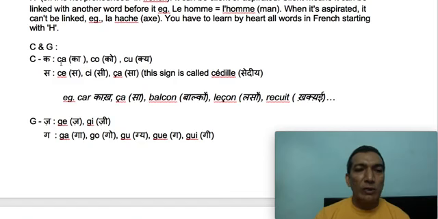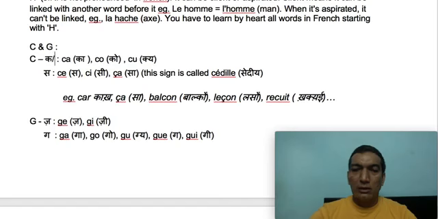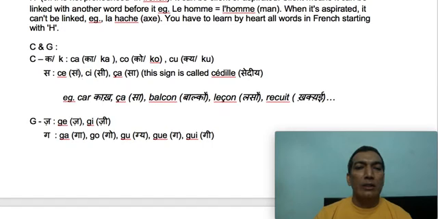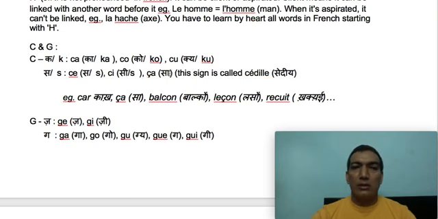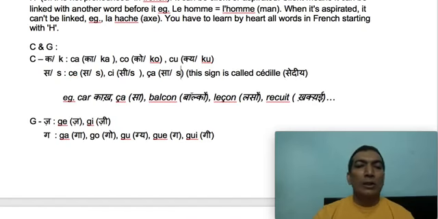So C, whenever it is followed by A, O, or U, is pronounced K. But when it is followed by E or I, then it is pronounced S. Okay, so it is very simple.